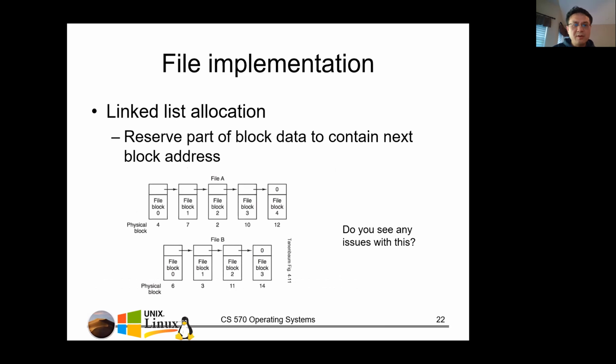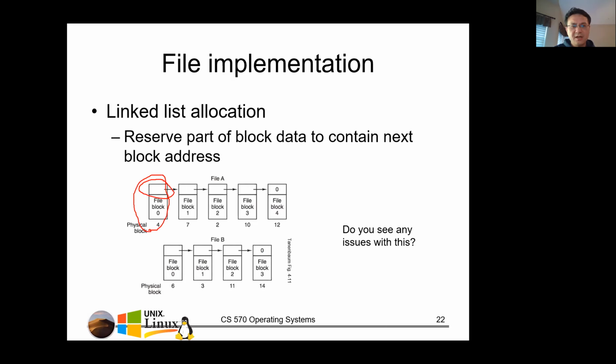Then we moved on to the linked list allocation scheme. The linked list allocation basically reserves part of the block. Every block is a physical block on the disk, okay? You would reserve part of the block to contain the block number of the next block, right?